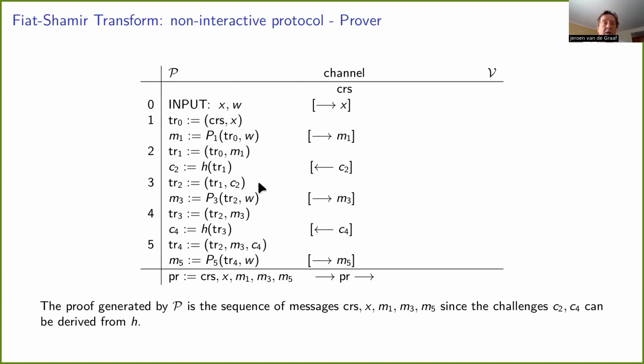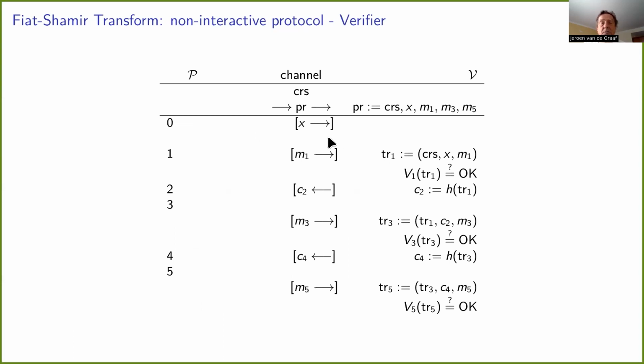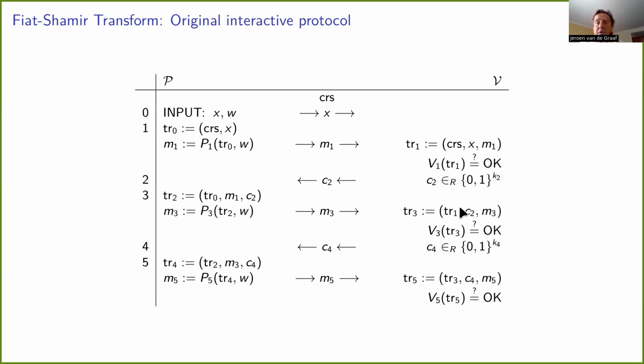So if you wish, you can leave out the challenges C from the proof, and the proof becomes only the messages that we see here, X, M1, M3, M5, etc. Conceptually we can think of the channel sending these messages to the verifier. The verifier will get the proof as one block, and it will go through all the same steps that it would have gone through in the original case.